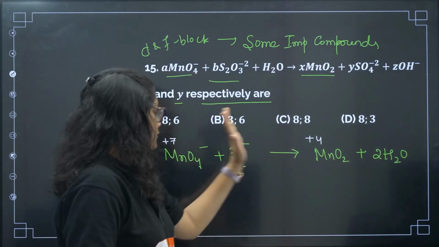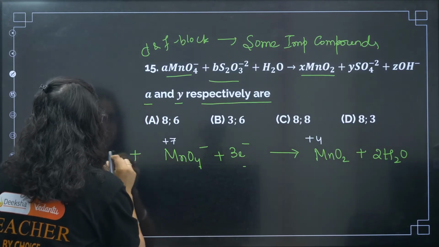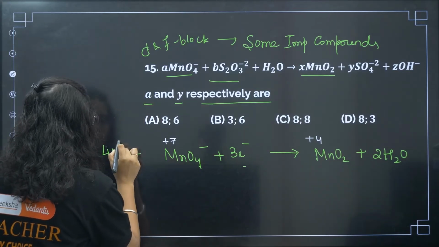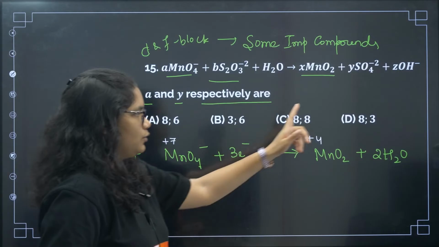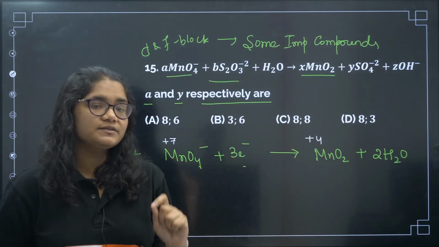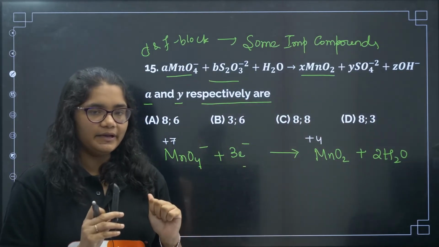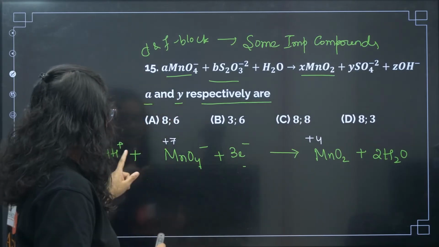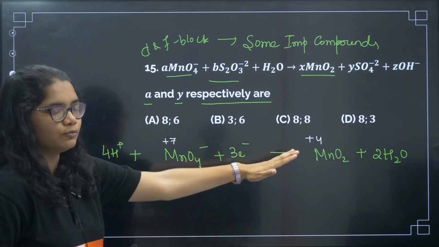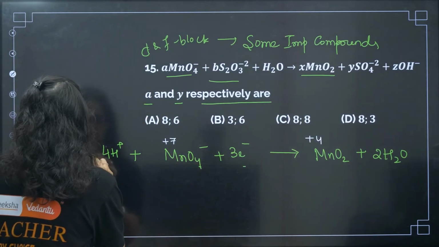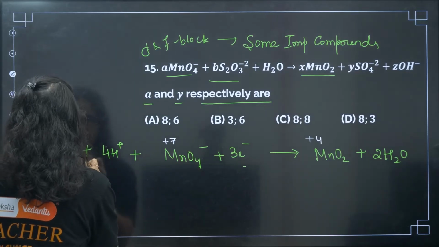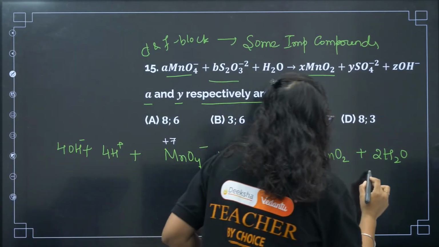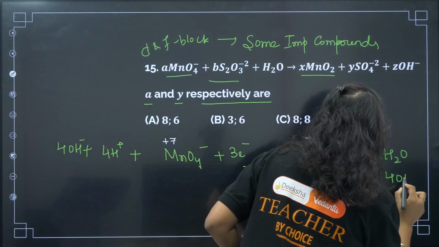So to balance this hydrogen I have to add 4 H plus on this side. Okay, now if you see the equation, OH minus is there, and OH minus happens in the basic medium. So to make it basic medium, I'll add 4 OH minus on both the sides. Okay, so I'll add another 4 OH minus here and 4 OH minus on this side.